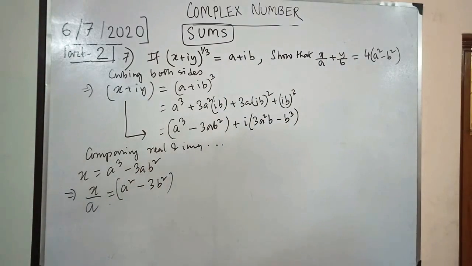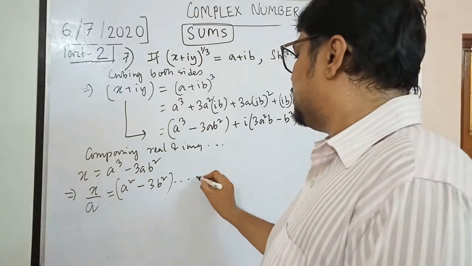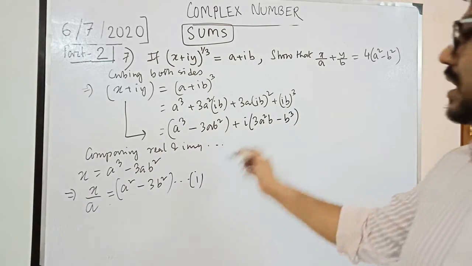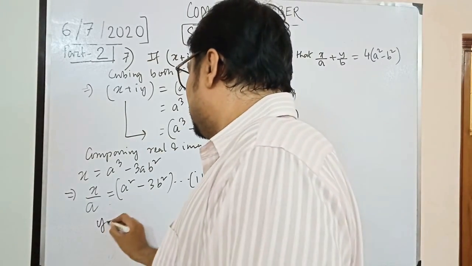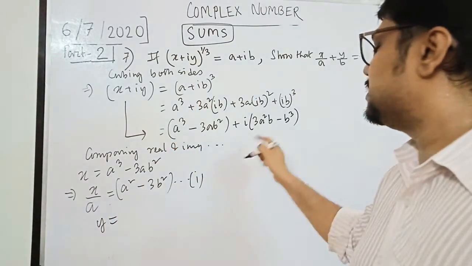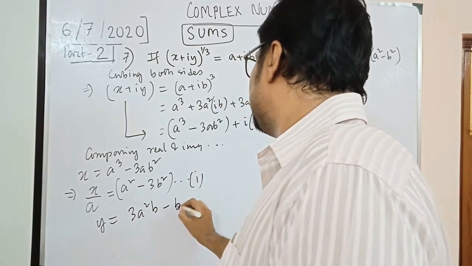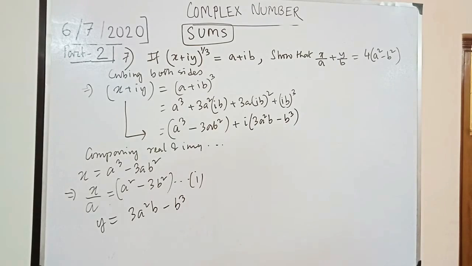So you will get this. Mark this as 1. Now what is y? Comparing, you get y equals 3a square b minus b cube, divided by b.